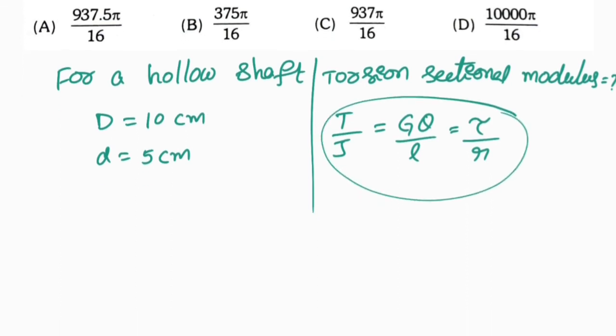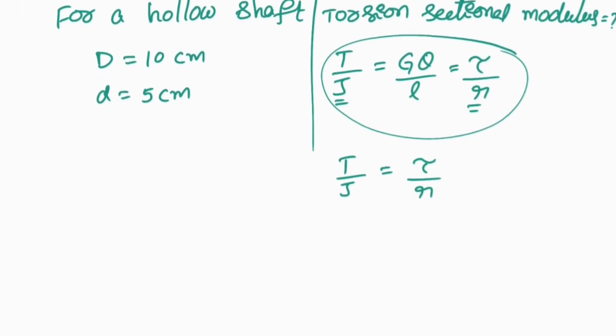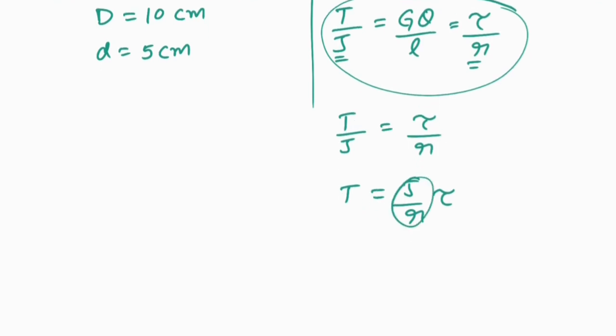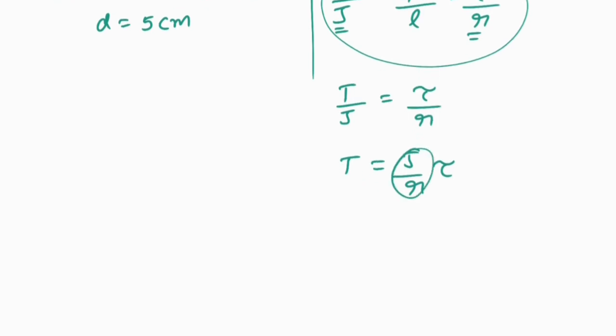So from this, T by J can be written as the first one and last one equal to tau by R, or the torque T equal to J by R into tau. The quantity J by R is called torsional section modulus or simply section modulus.